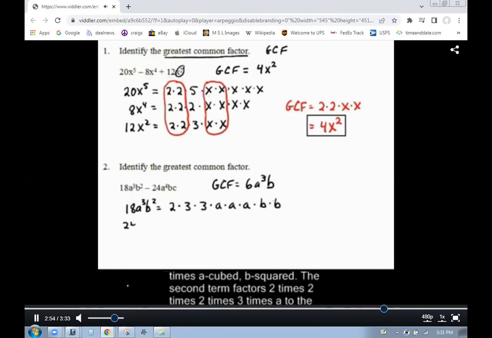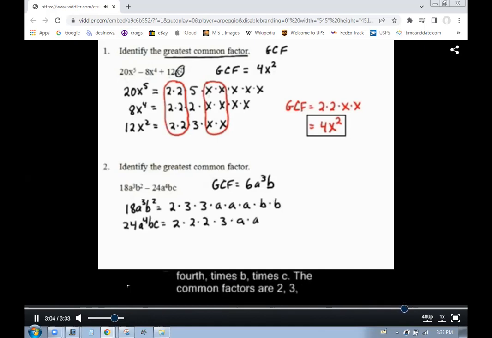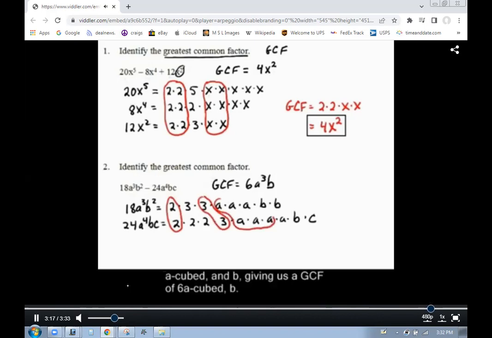The second term factors as 2 times 2 times 2 times 3 times a to the fourth times b times c. The common factors are 2, 3, a cubed, and b, giving us a GCF of 6a cubed b.